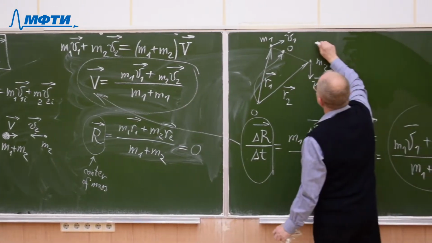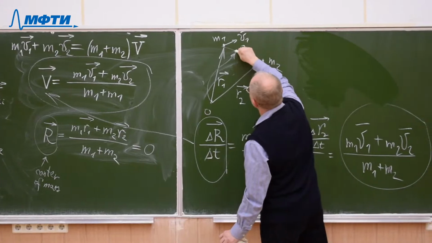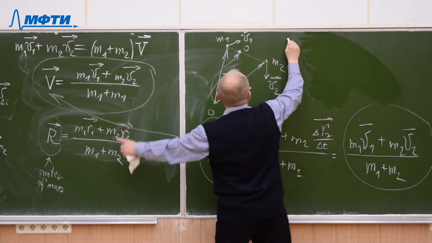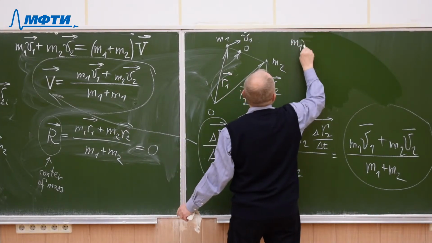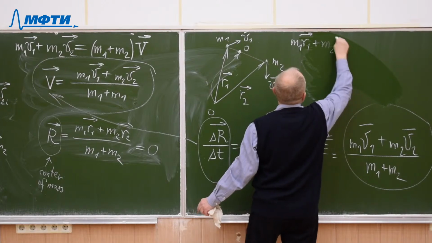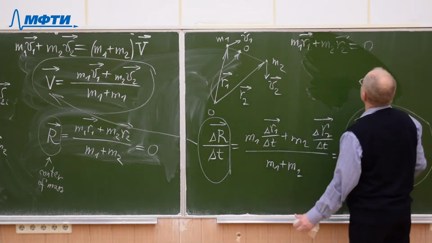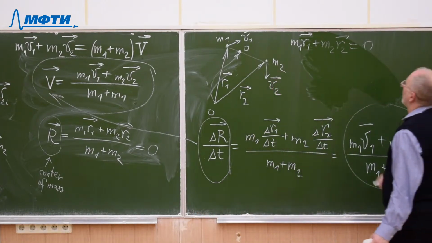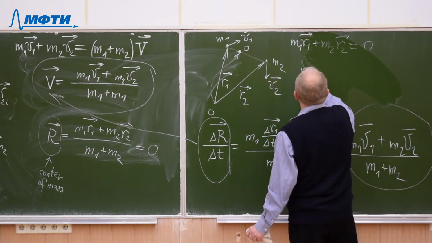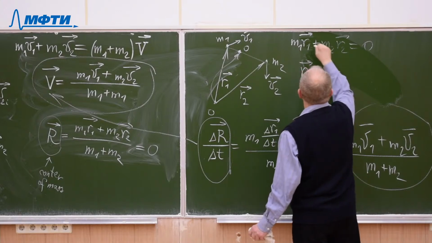So in this particular frame of reference associated with the center of mass, we obtain that m1 r1 plus m2 r2 is 0. And therefore r2 can be expressed in terms of r1.